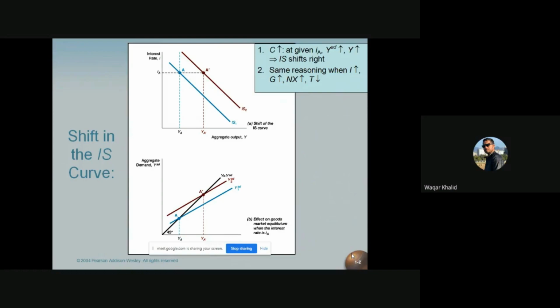What are the factors that cause the IS curve to shift from its original position to a new position? Very simply, the IS curve shifts whenever a change in autonomous factors occurs that is unrelated to the interest rate. It means that there are certain factors that are unrelated to the interest rate.